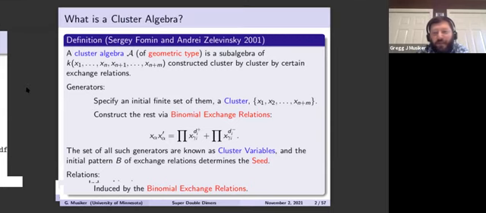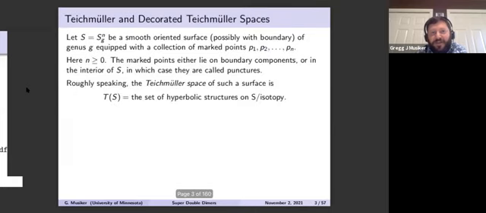And the setting that I'll be focusing on today is cluster algebras from surfaces. So with that in mind, let me spend a few moments talking about Teichmüller and decorated Teichmüller space and the relation from hyperbolic geometry. So our starting point is a smooth oriented surface, which possibly has boundary and genus.